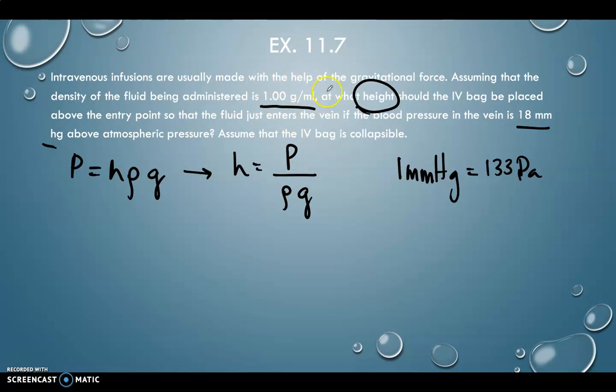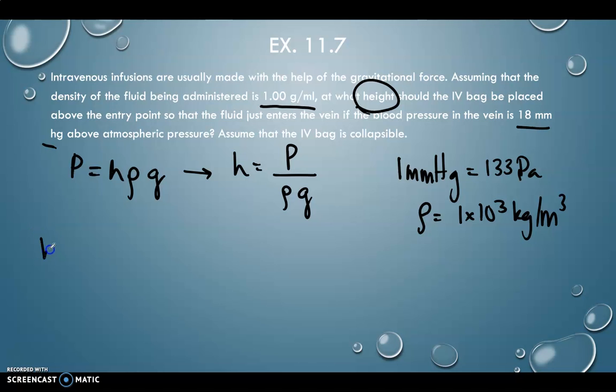And this is going to require a little bit of prior knowledge, so let me go ahead and get that together. The density of the fluid is just going to be 1 times 10 to the third kilograms per meter cubed.